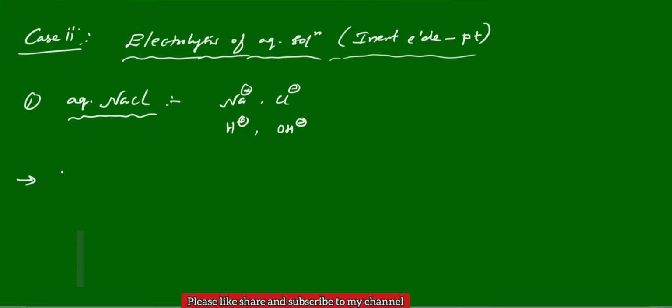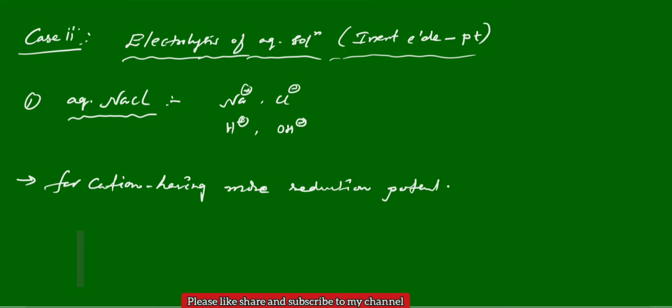So first, in case of cation, having more electrode potential. Here electrode potential means reduction electrode potential. The cation with more reduction potential can deposit at cathode.